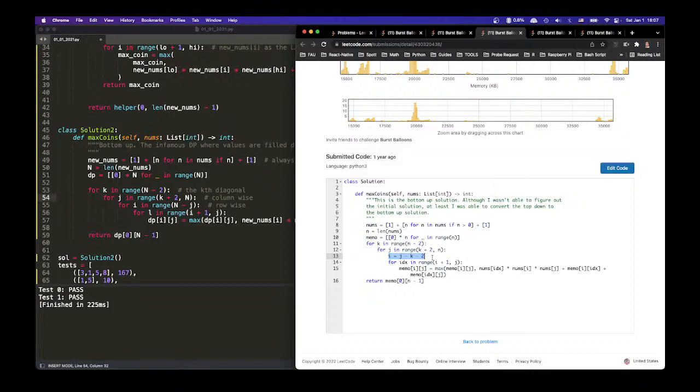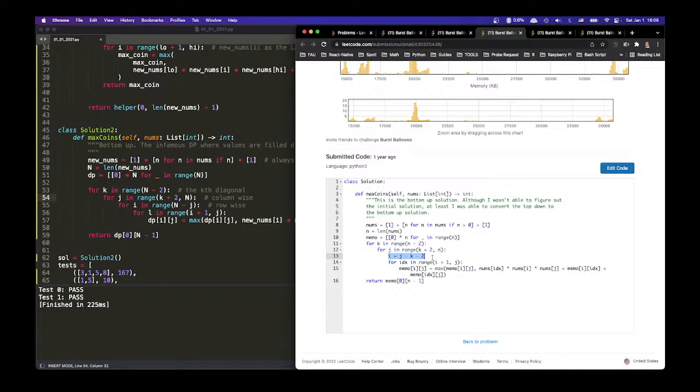Now 2, 3 we already know. 0, 2 we compute, so we need to compute 1, 3. To know 0, 3, we need to compute 1, 3. But where do we compute 1, 3? That's what I mean when I have to go diagonal down, right?